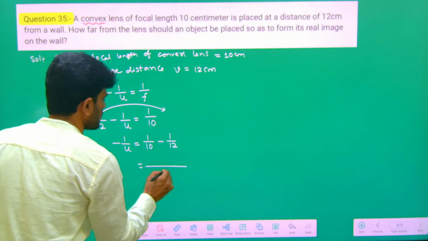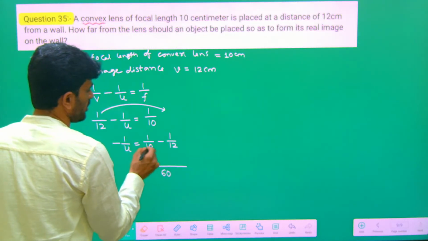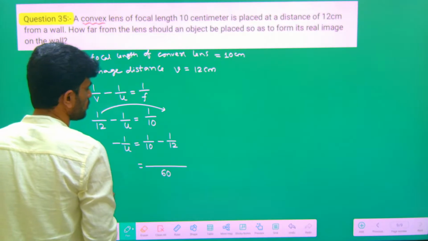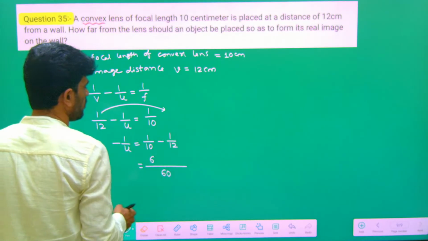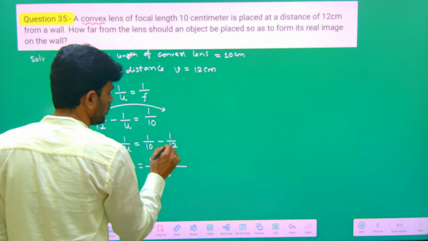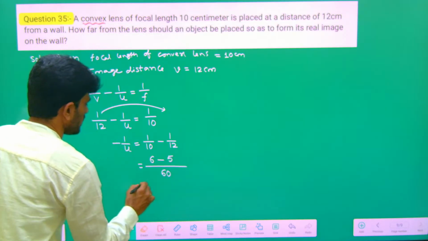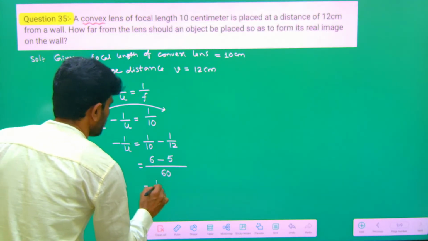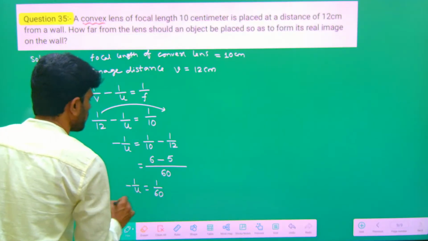We can take 60 as LCM. So how much should we multiply to get 60 here? 6 should be multiplied. That side, 12 I have, so 5 I should multiply. So 6 minus 5 by 60, which is 1 by 60. So minus 1 by u is equal to 1 by 60.